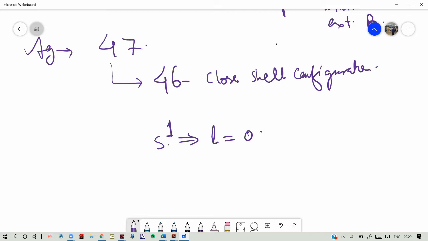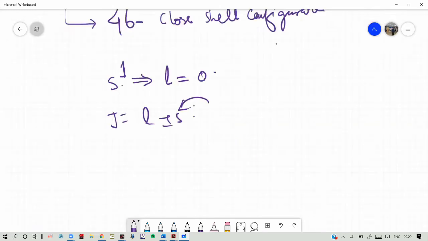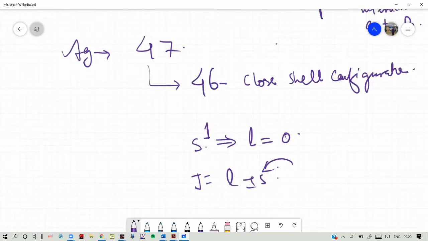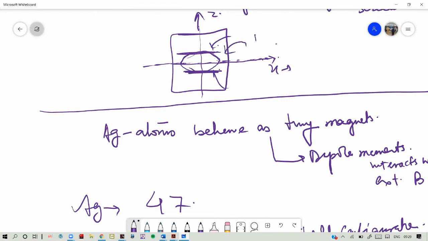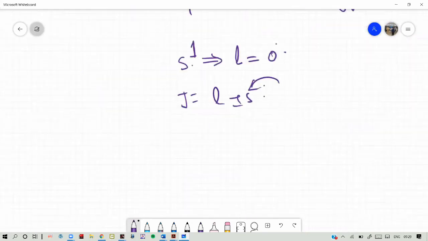We don't have any contribution to the magnetic moment from the orbital angular momentum. Whatever magnetic moment comes, we know that J is equal to L plus or minus S, so it is only because of this S. That is how the theory explains these two components. This corresponds to plus 1 by 2, this corresponds to minus 1 by 2, but Stern and Gerlach did not prove this. They were not able to locate this exactly.